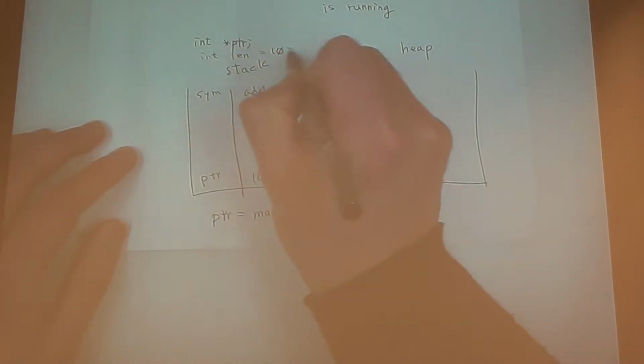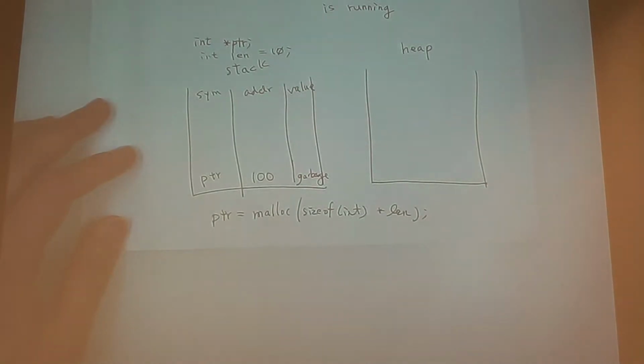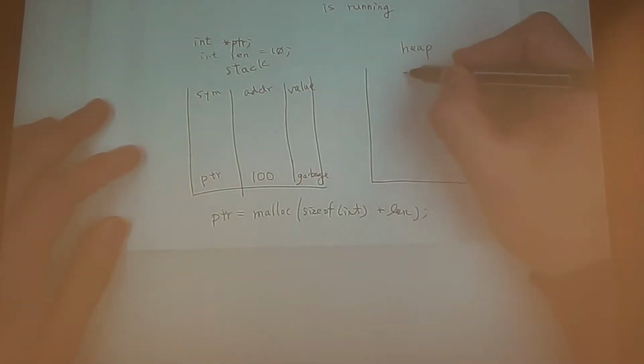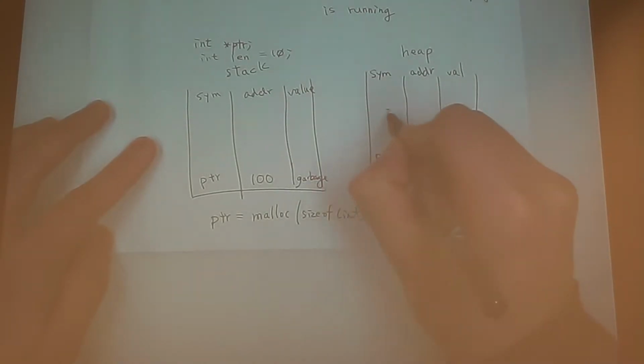Let's say your length is 10. Means you want to allocate an array of 10 elements. So in your heap memory, this is what it looks like. You have symbol, address, value. This will be ptr 0, ptr 1, to ptr 9.